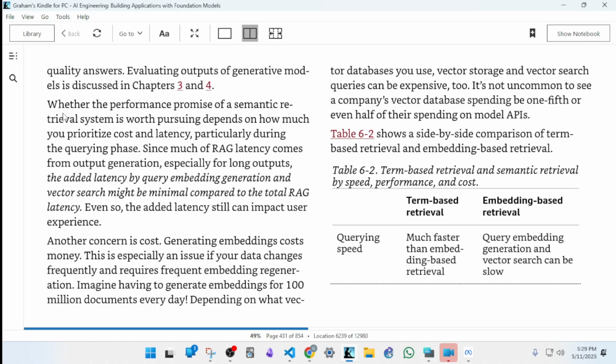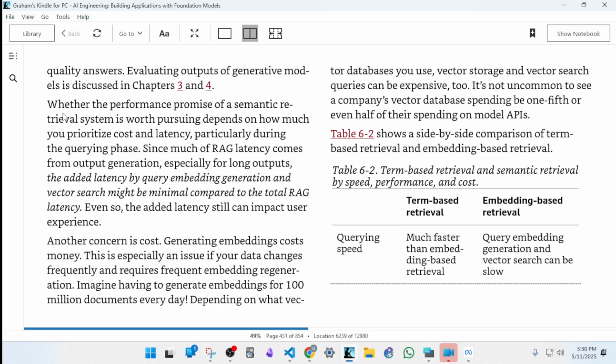Since much of RAG latency comes from output generation, especially for long outputs, the added latency by querying, embedding generation, and vector search might be minimal compared to the total RAG latency. Even so, the added latency can still impact user experience. Another concern is cost. Generating embeddings costs money. This is especially an issue if your data changes frequently and requires frequent embeddings generation.